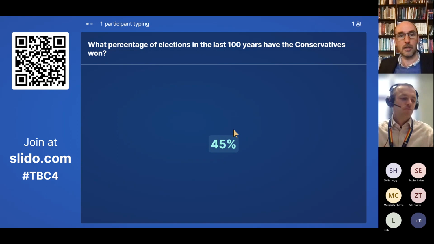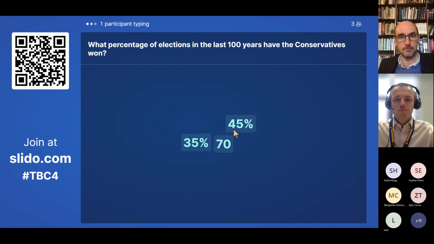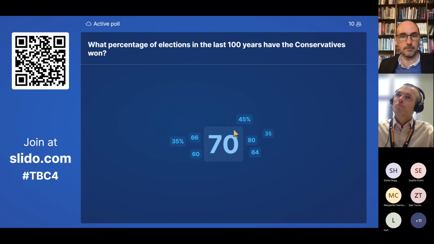And again, when you're thinking about winning, we're talking about going on to form the next government, not necessarily winning in terms of share of the vote or winning a majority, but just going on to form the next government. Again, big range of numbers there.